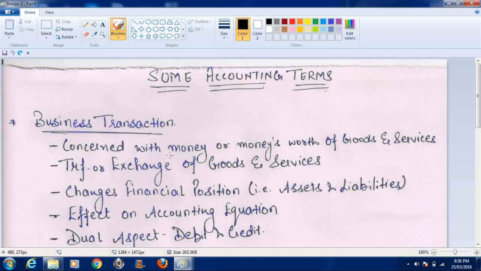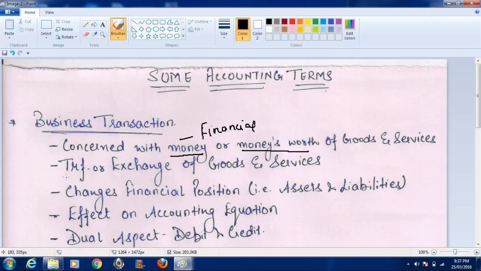That means involvement of cash or money's worth. This makes it a financial transaction. So the very first basic of a business transaction is the financial nature of the transaction, that is, it is concerned with the money or money's worth of goods and services.